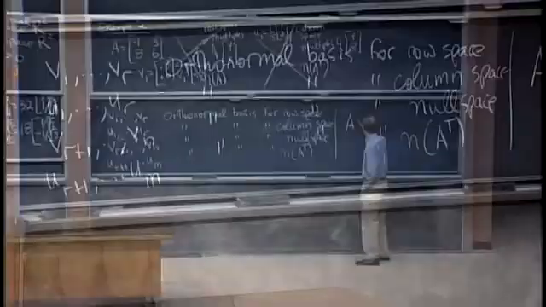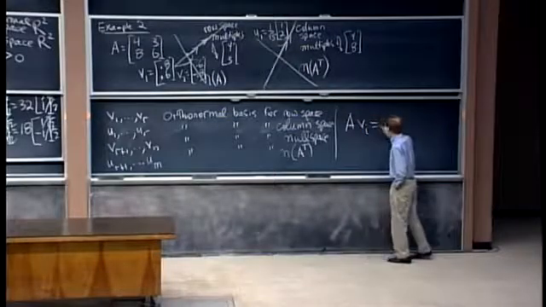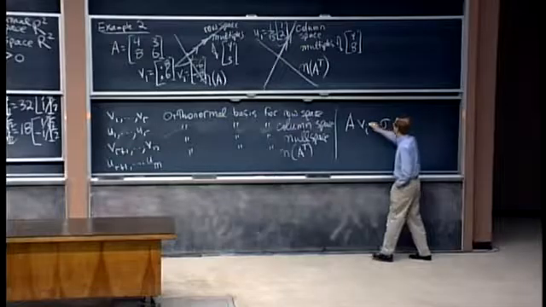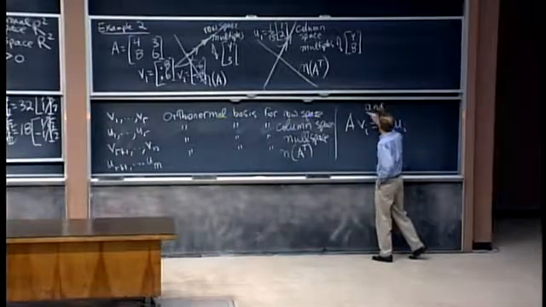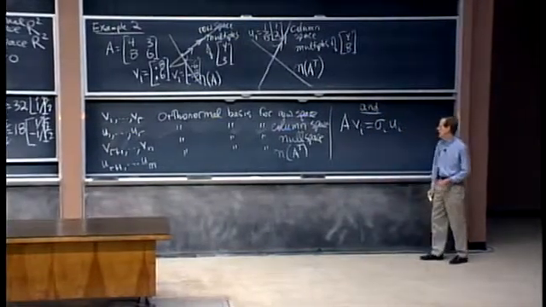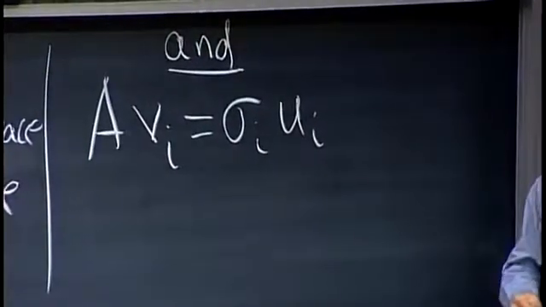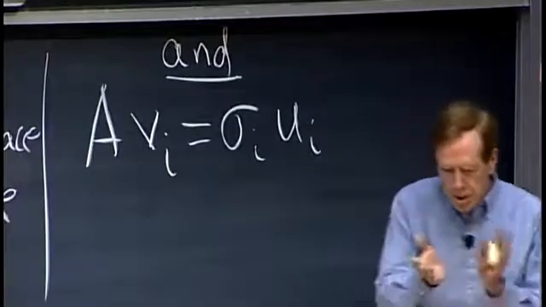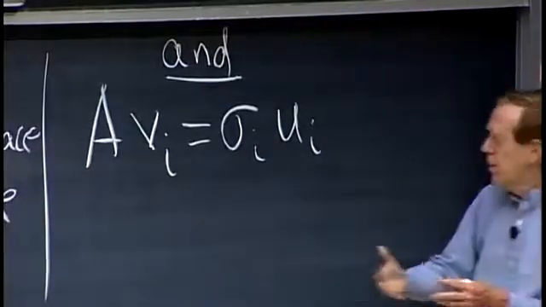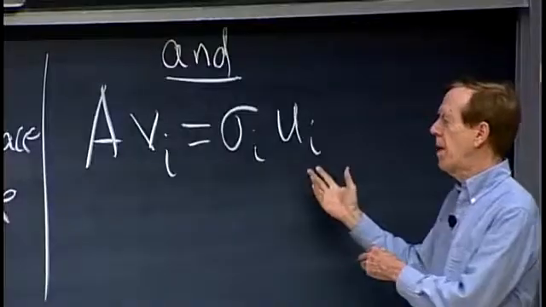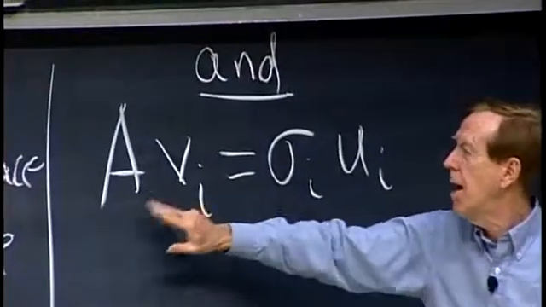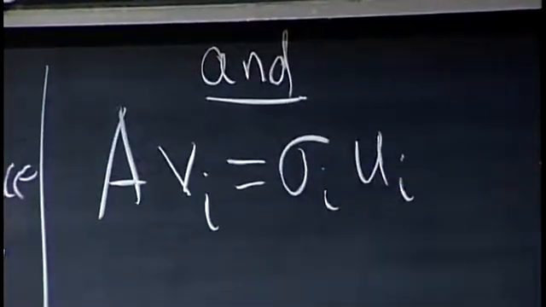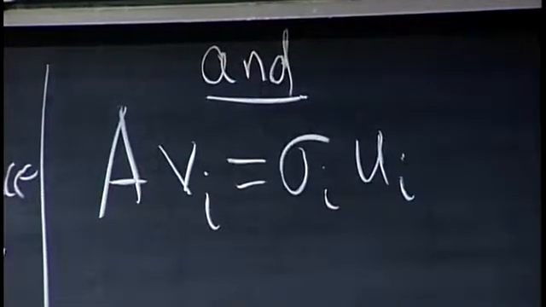these bases make the matrix diagonal. A times Vi is a multiple of Ui. The matrix has been made diagonal. When we choose these bases, there's no coupling between V's and no coupling between U's. Each A times each V is in the direction of the corresponding U. So it's exactly the right basis for the 4 fundamental subspaces.